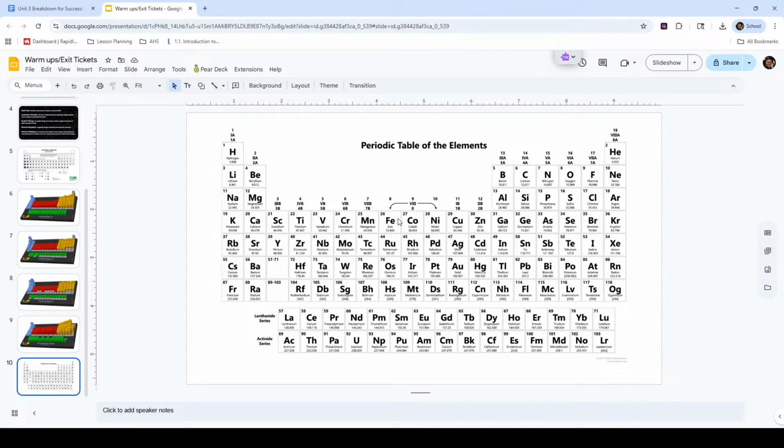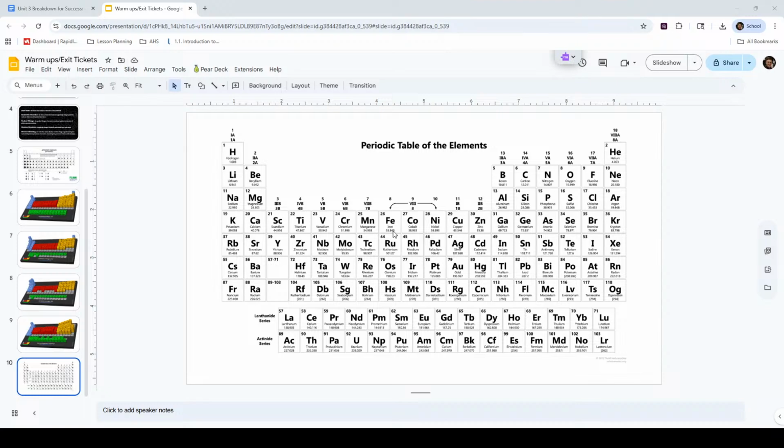Then I have the transition metals. The transition metals are everything in the D block. You should know what the D block is, as well as the metals in the F block, which is the lowered section over here. These guys are going to have a wide range of reactivity and a really wide range of sizes, and you're going to see bumps in the trends when you look at graphs.